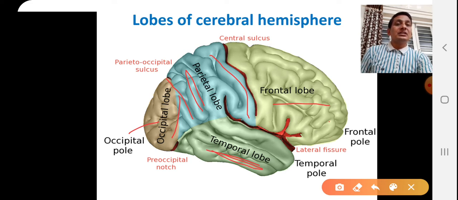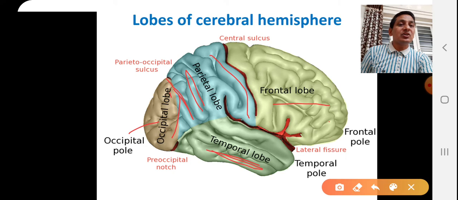An imaginary line is drawn from the parieto-occipital sulcus downward, and a second imaginary line is drawn from the pre-occipital notch. Behind these two lines, the area is the occipital lobe.